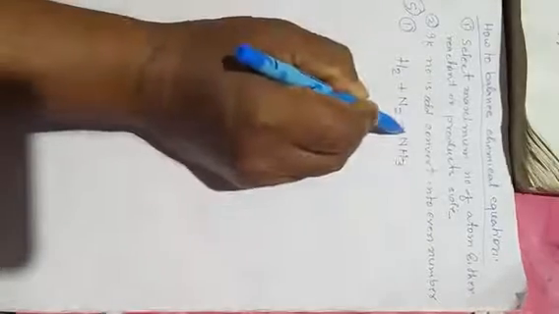To convert it into an even number, place 2 here. When 2 is placed, hydrogen becomes 6. So you place 3 on the hydrogen here. So this is balanced. This is the way to balance a chemical equation.